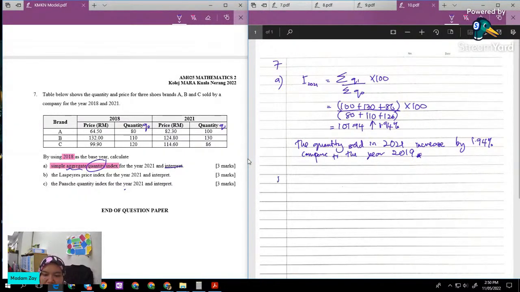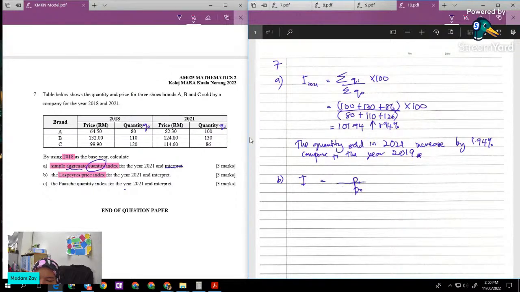Okay, untuk soalan B. The Laspeyres price index. Laspeyres, kita punya weight adalah, kalau nak cari price index, maksudnya nak cari price punya ratio, P1 dengan P0 di bawah.